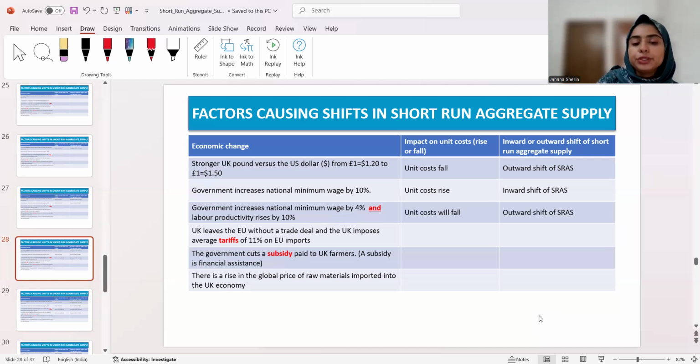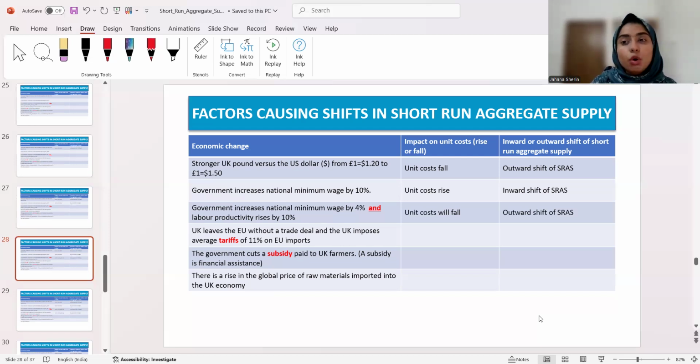Again, the UK leaves the European Union without a trade deal, and the UK imposes an average tariff of 11% on European Union imports. So, tariff. Do you think an 11% tariff can increase or decrease the cost of production? How is it going to affect the aggregate supply curve? Any guess? What is a tariff? It's a trade restriction, right? It's a trade protection measure.